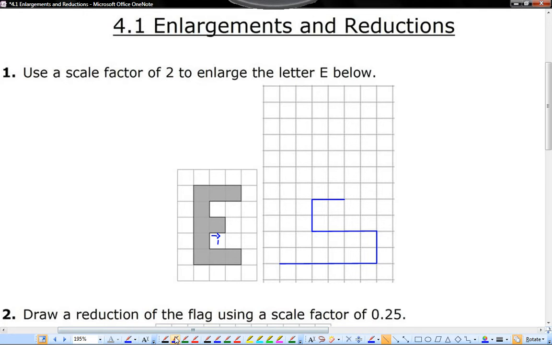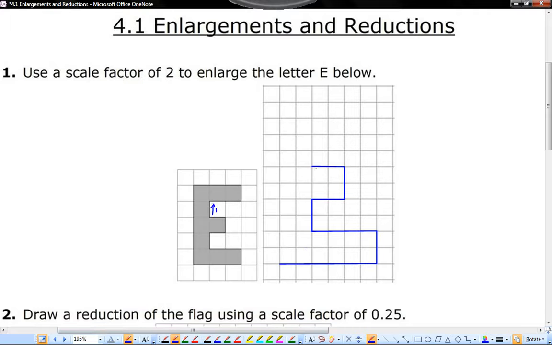And in my original drawing, next I go up 1. And so in the enlargement, I'm going to go up 2. And in the original, I then go left 1. So double that, I'm going to go left 2. And from here, in the original, we go up 1.